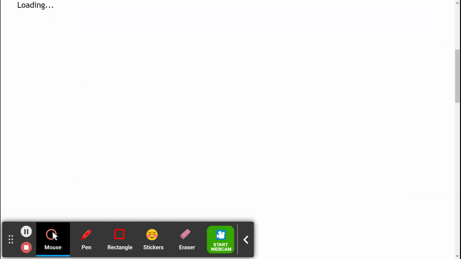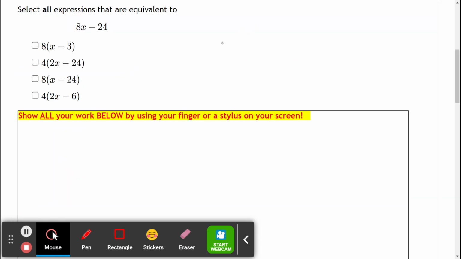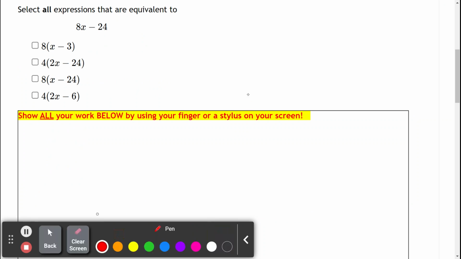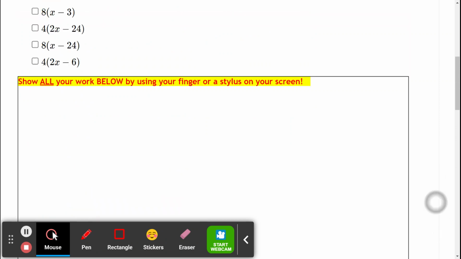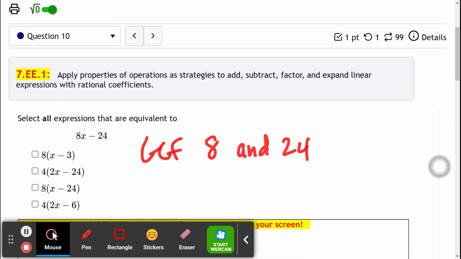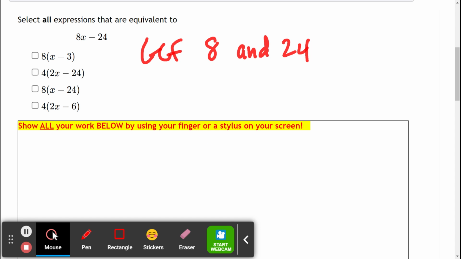Okay, next we have this one, number 10, where we have to find the GCF of 8 and 24. The GCF is the biggest number that divides both numbers.